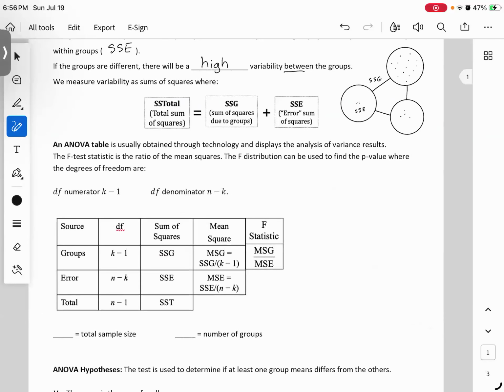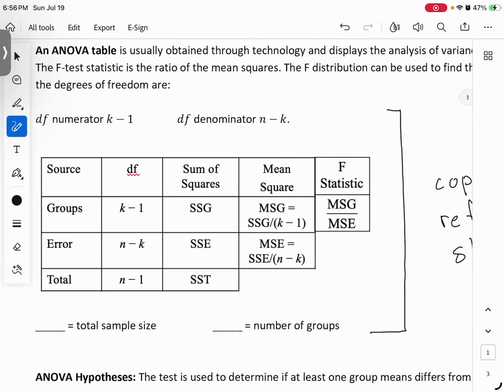Now, things that you're going to need, just being practical here, you're going to need from here to here on your reference sheet. So just make sure that you copy this to your reference sheet. Again, you can't have lecture notes during the test, but you can have your reference sheet, and you're going to need this. What is this?